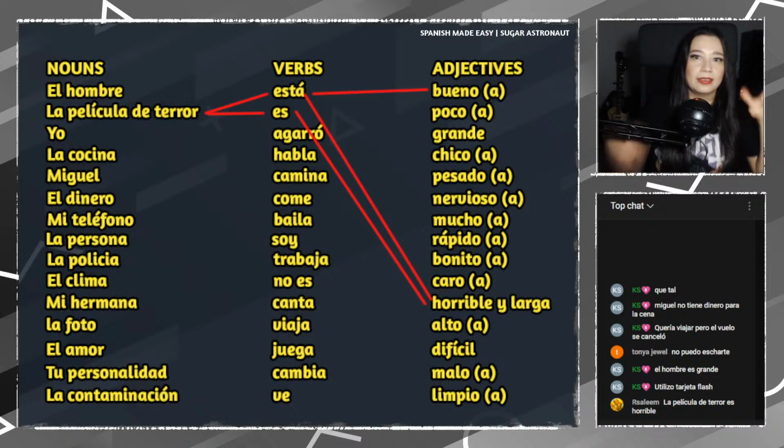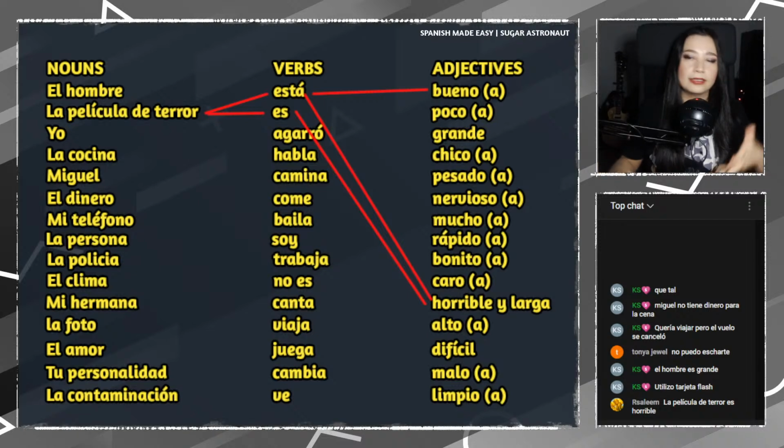If you feel that you don't know how to construct sentences in Spanish, don't be afraid of obviously making mistakes, and add more adjectives to what you're saying, and then try different nouns, try different verbs, and that's gonna be really good. You're gonna sound like you know Spanish.